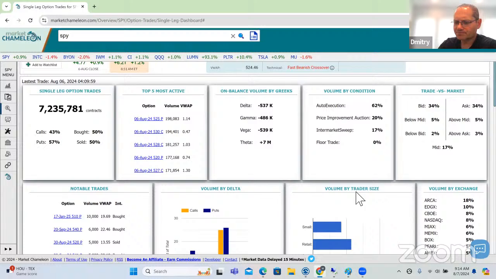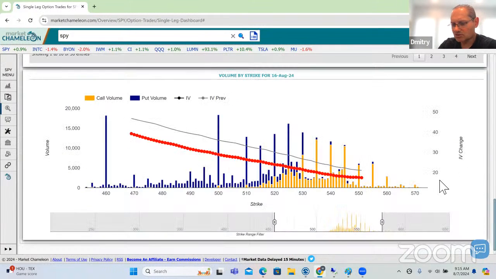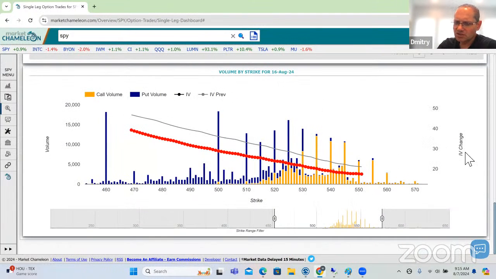Now, let me go back to this. This is by expiration. And visually, we could also see how the volume was distributed within this expiration. The blue bars represent put volume, the yellow bars represent call volume.